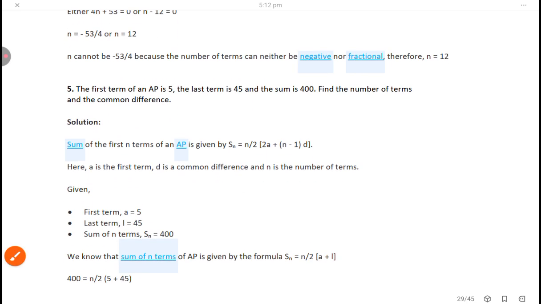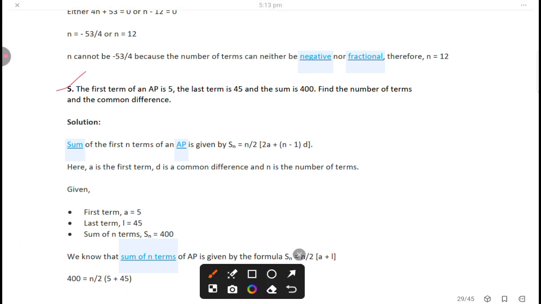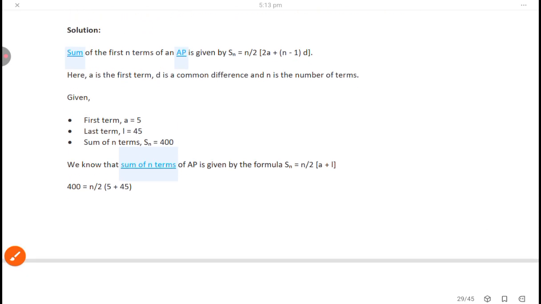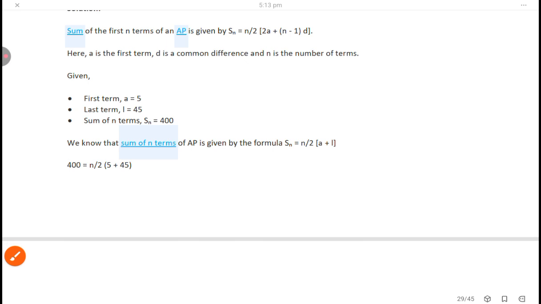The first term of an AP is 5, the last term is 45, and the sum is given. Find the number of terms and the common difference. With this formula, a is known, the last term is known, Sn is known. So you can find n by 2 times (a plus l).